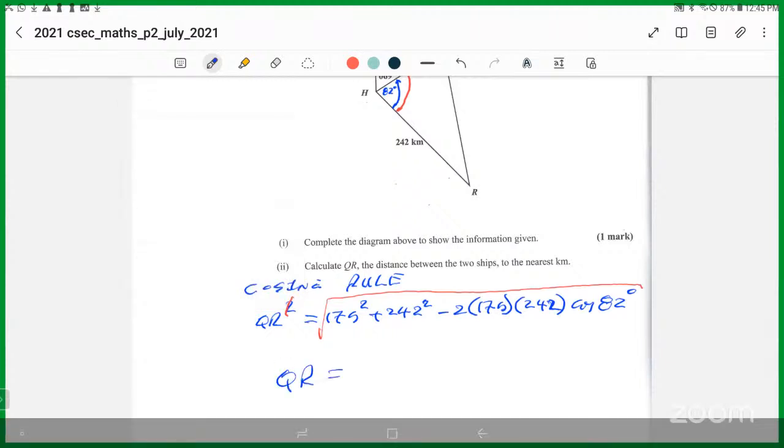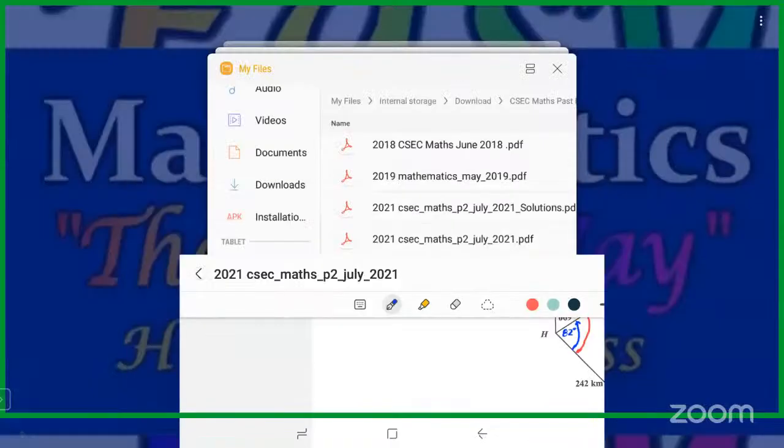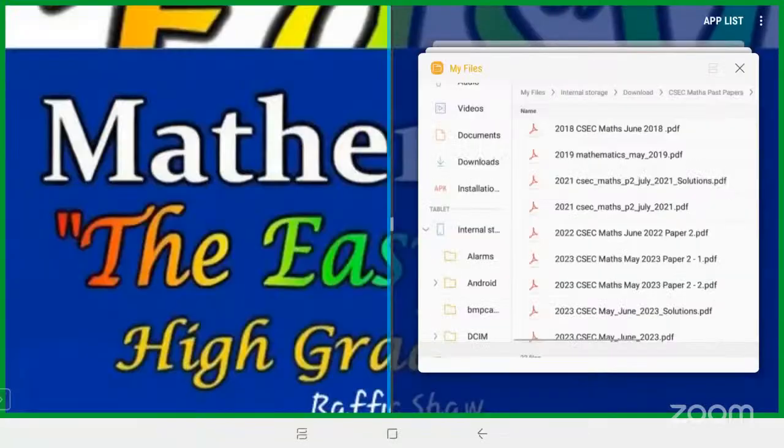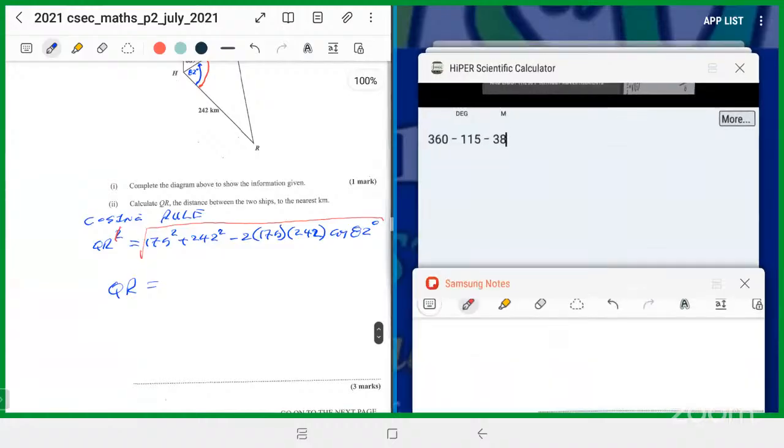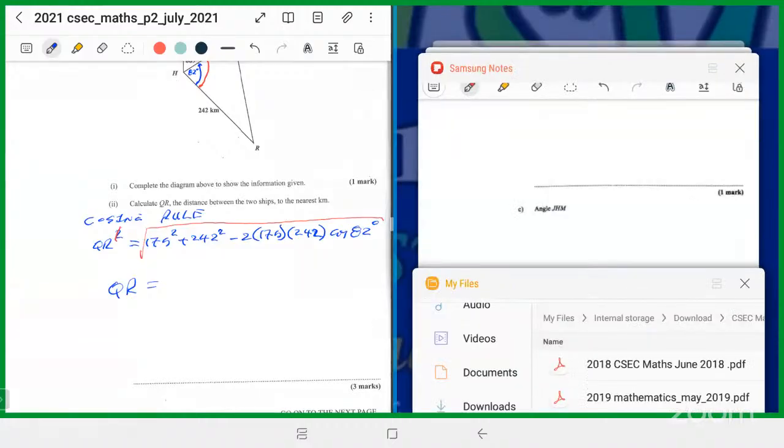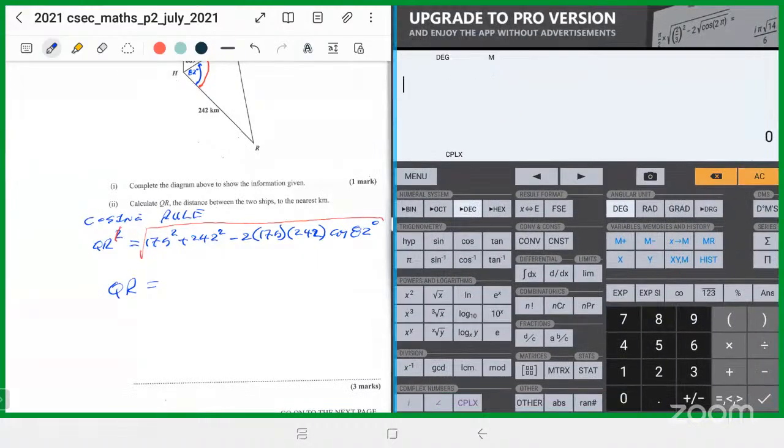In kilometers. So let's get the calculator and work this one out. You see, we're basically doing the same things repeatedly, guys. You're doing the same thing every question.